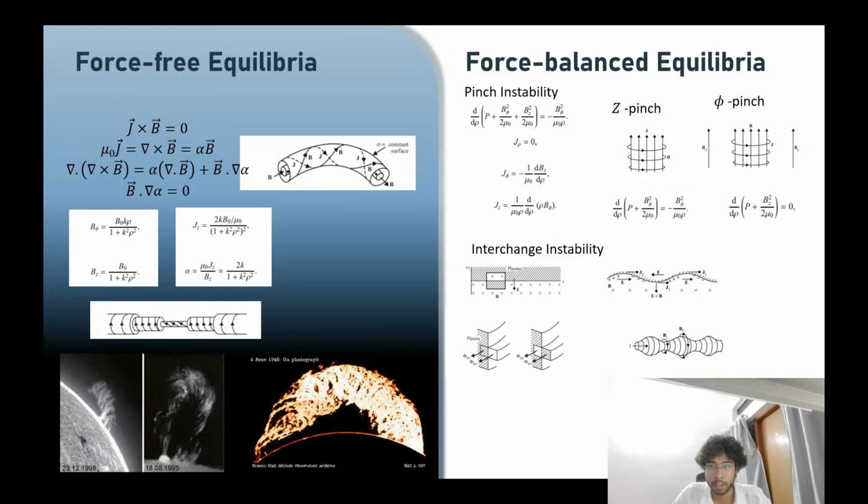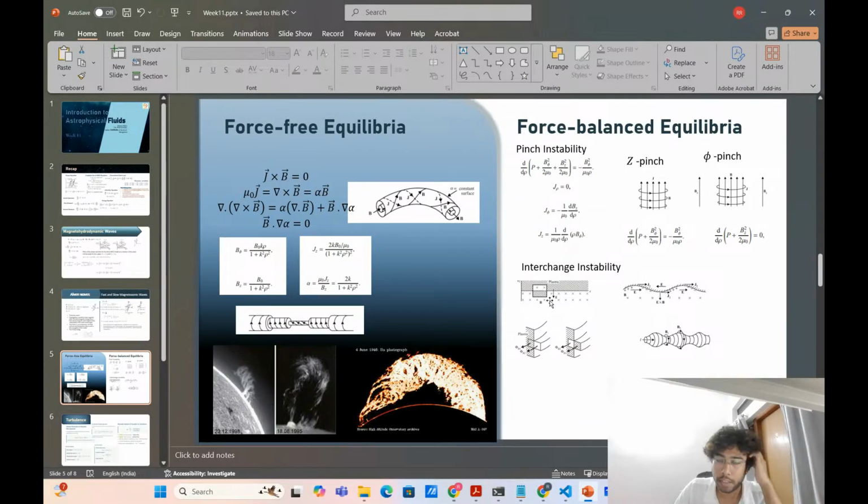Okay, so now we want to study whether this interchange is stable or unstable, and what will happen if it's unstable. So we want to calculate the energy of the system initially, and then the energy of the system after the interchange has taken place.